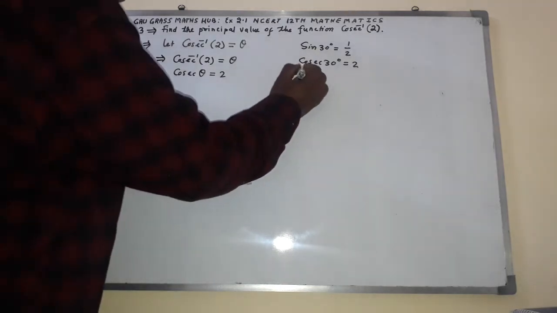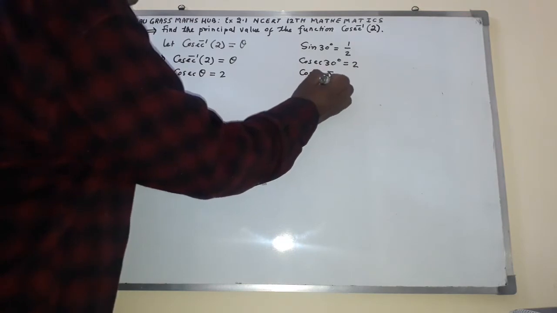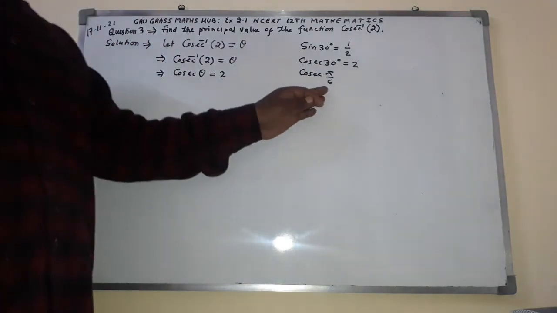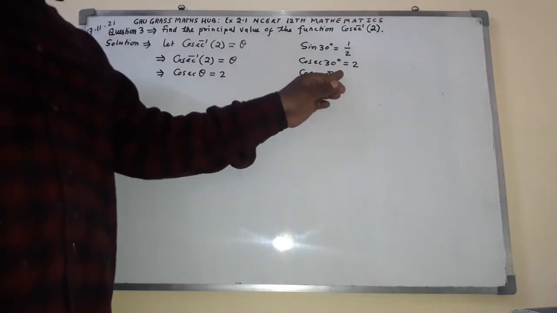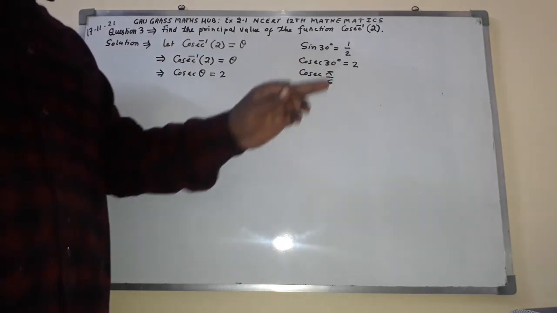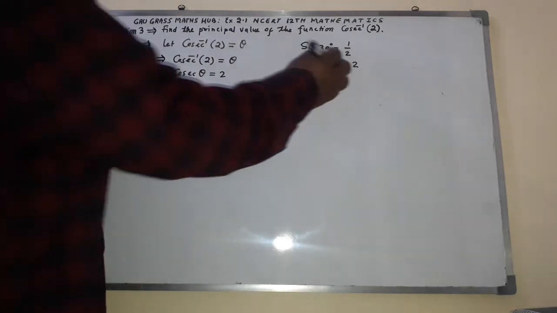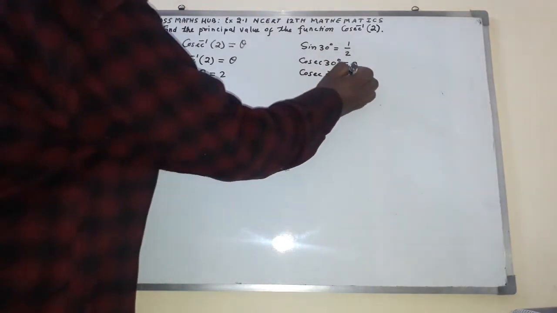Now here we get cosec pi by 6. Pi by 6 means pi equal to 180 degree, so 180 degree divided by 6 comes out to be 30 degree. So cosec pi by 6 is equal to 2.